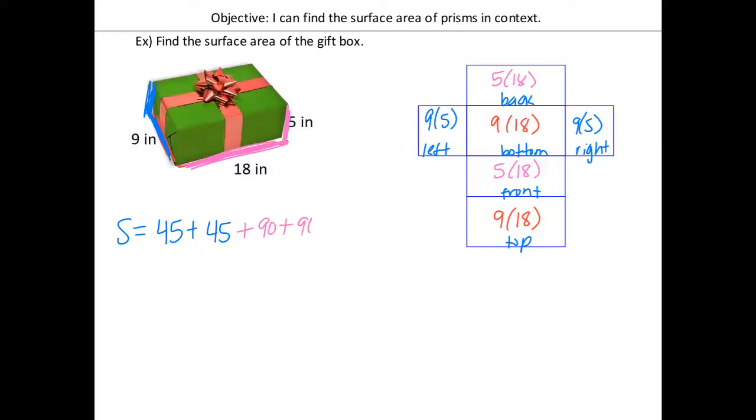Well, we have 2 of those that are the same, right? And then for my bottom and top, that's 9 times 18. Check for me, what's 9 times 18? 162. But I have 2 of them, so I'm going to add 2 of them. Okay? And then at the end, you just add everything all up together.